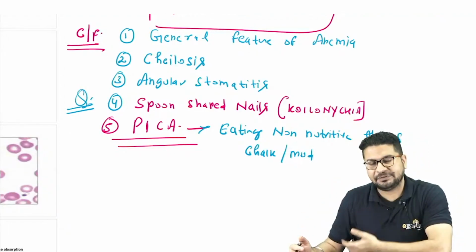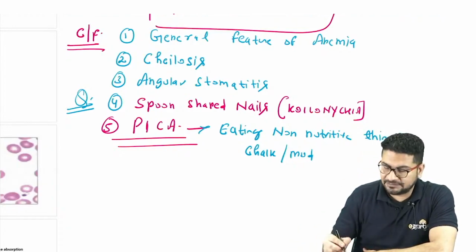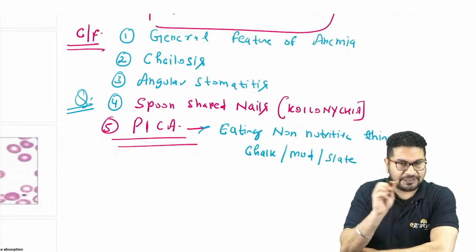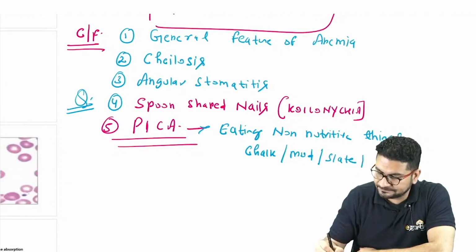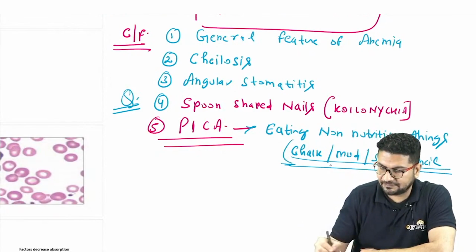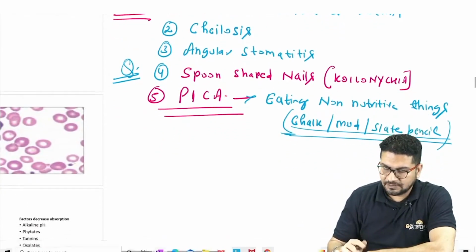Like I recently had a patient, she was 55 years old and she was daily eating batti. Batti means slate pencil. Like in childhood, what we write with on a slate, that white colored thing, that is batti or slate pencil. So the person starts eating non-nutritive things, chalk, mud, slate pencil, etc., because the body craves iron. So understand this.